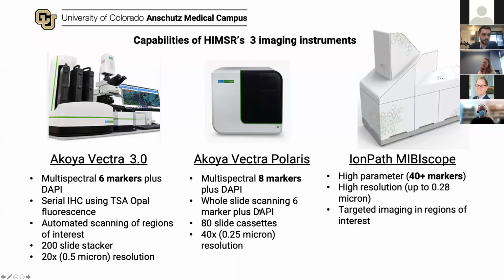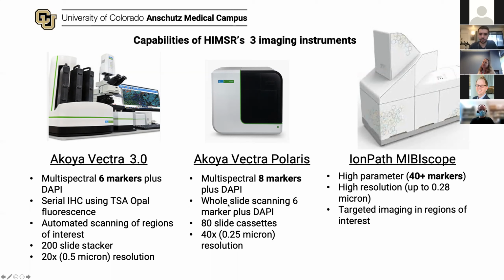It also has the advantage that if you are using 6 markers, we can now do whole slide scans that are quantifiable. Whereas with the original Vectra 3, we had to use little regions of interest and stamp where we wanted those multispectral images to be collected. They did that by expanding their filter set.